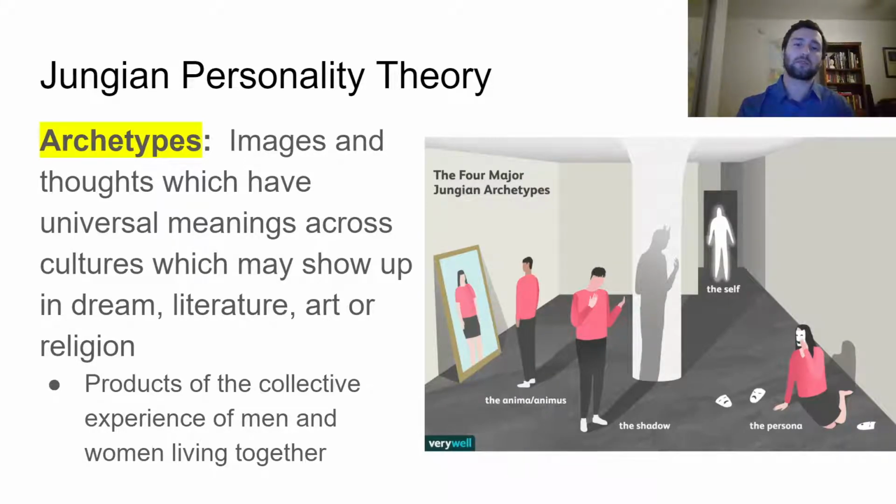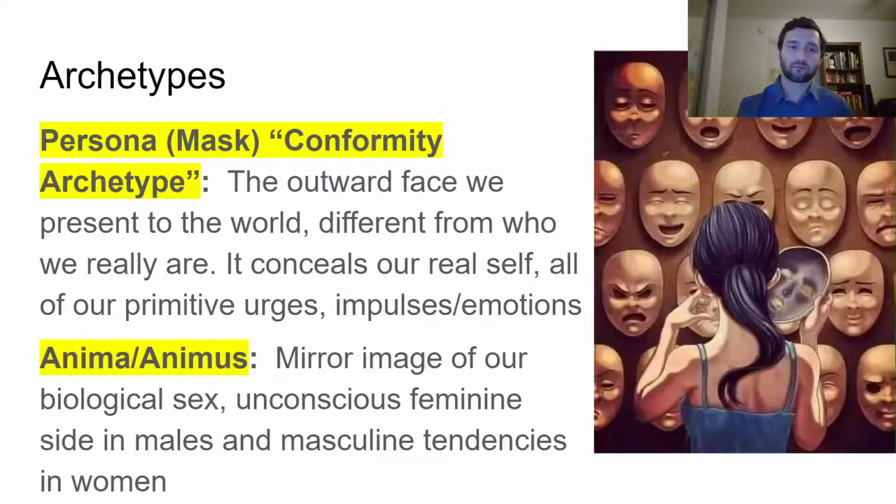You can see them on the right here, and we're going to talk about each one. We have the self, the anima or animus, the shadow, and the persona. One thing I want to mention as well: for our Jungian Mask assignment, these are what you're going to want to be using here.